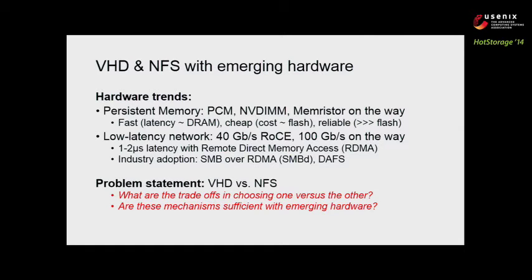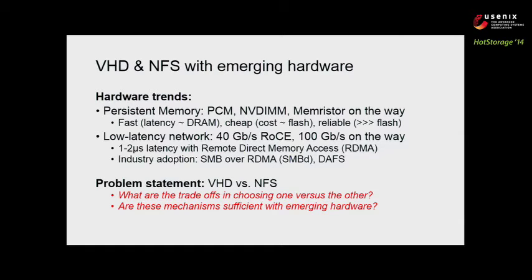These mechanisms have been here for a long time, and basic properties and features are well understood. However, they are both heavily impacted by two main hardware trends that are currently emerging in data centers. First of them is persistent memory, enabled by technologies such as NVDIMMs, PCM, or Memristor. Not all of these technologies are currently available, but essentially some of them are. For example, NVDIMMs already exist.